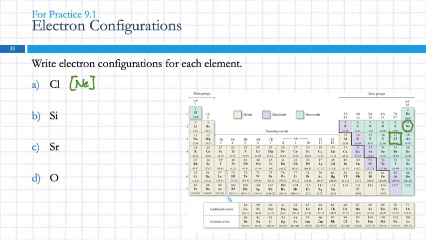And so then we're coming in at row 3, right? So this is 3s2, because the arrow's pointing at the 3. And then 1, 2, 3, 4, 5. That's 3p5.